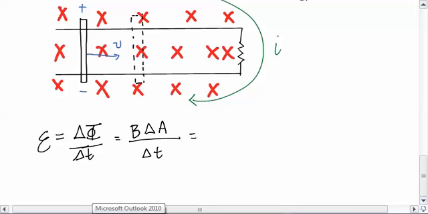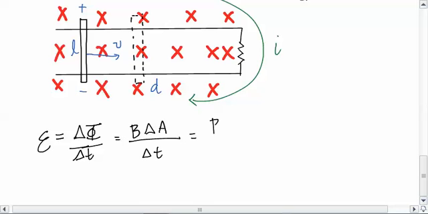Area. How would we find the area of this thing before and after? Do we need maybe the length of the bar and the distance along the bottom here, D? What's changing, the length of the bar or the distance? The distance.